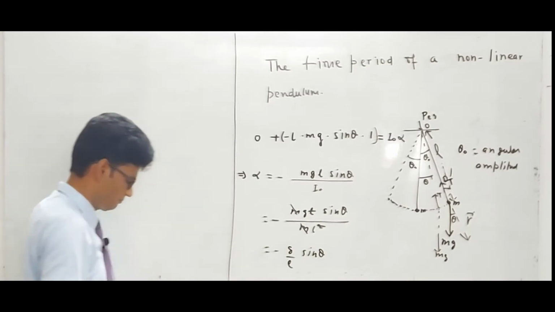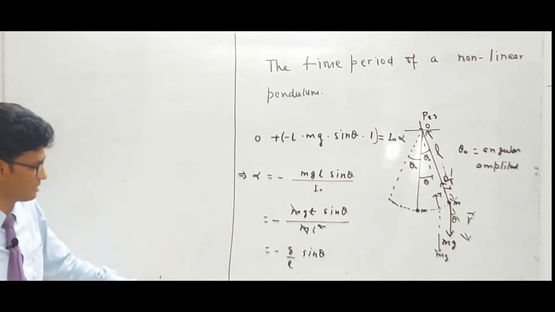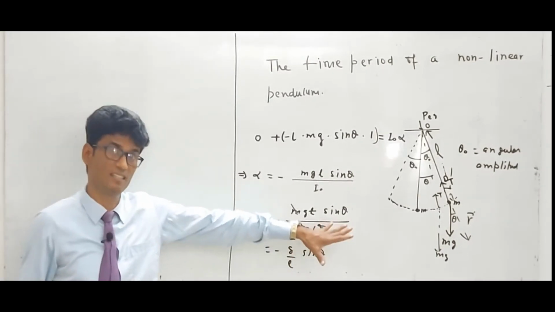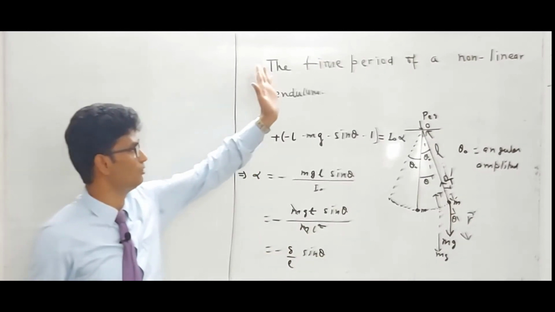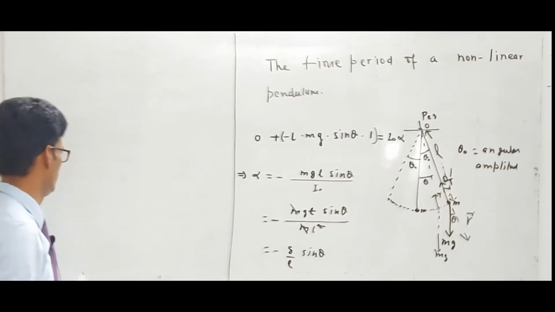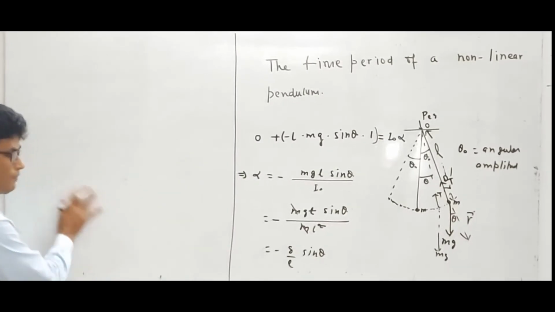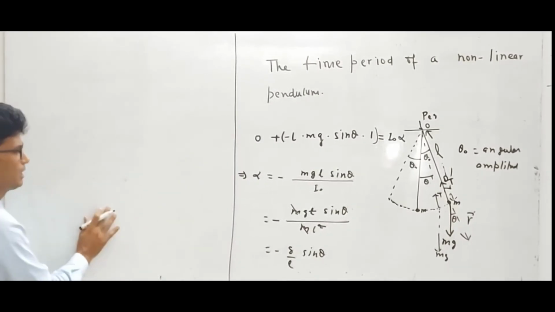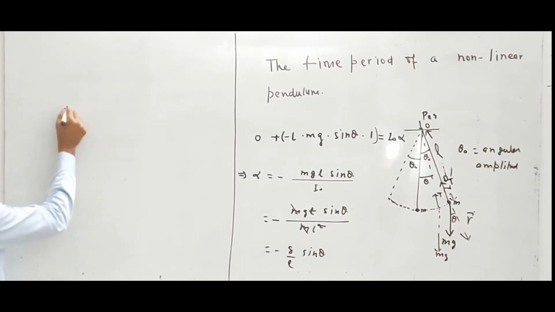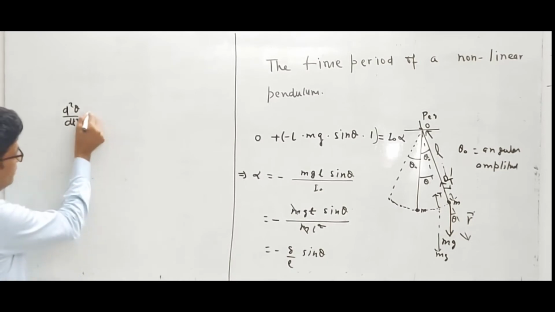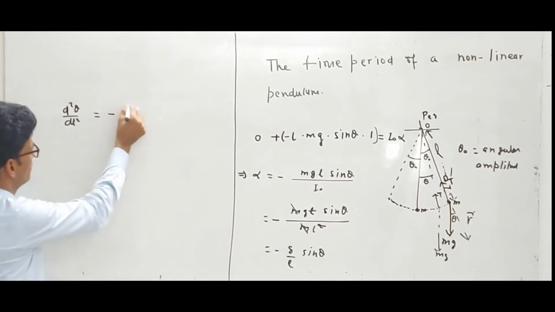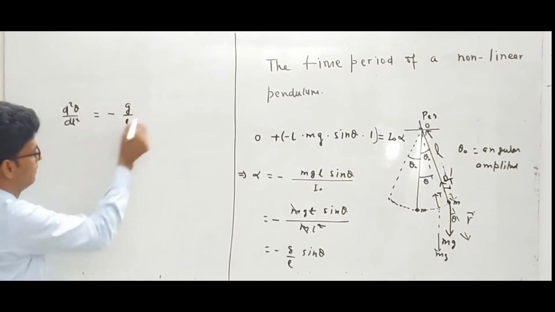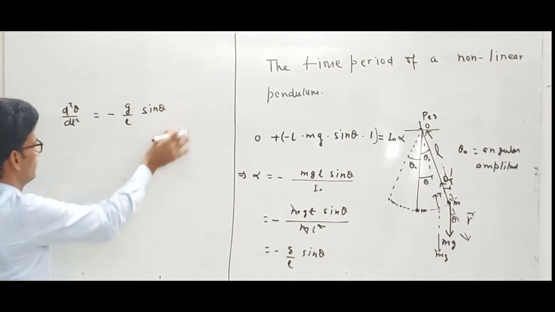This time, because it is the non-linear case, we cannot write sine theta as theta. That is why sine theta remains here, and that is why it is non-linear. So look at how one can find the solution of this differential equation. Why do we call it a differential equation? Because alpha is written as d2 theta by dt square, and this is equal to minus g by L sine theta.